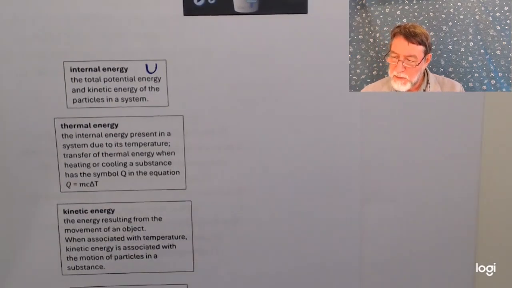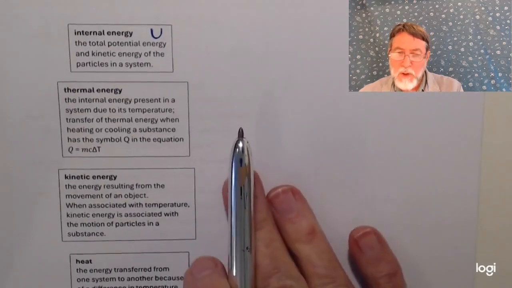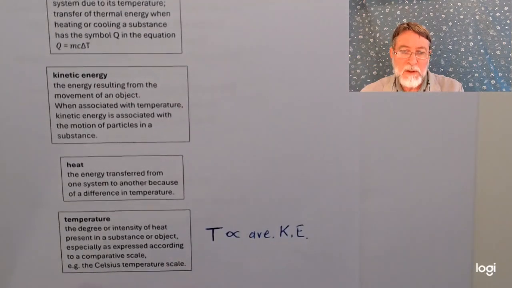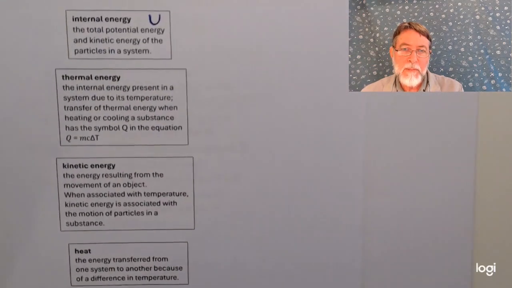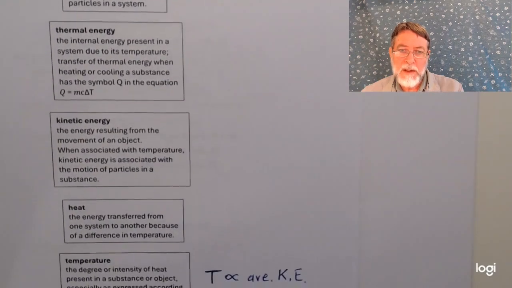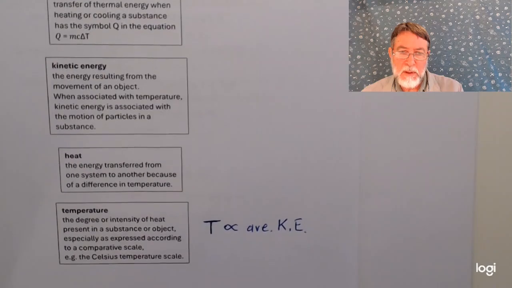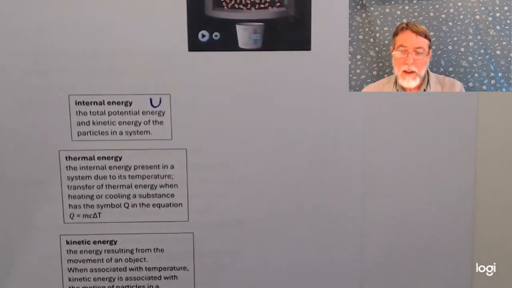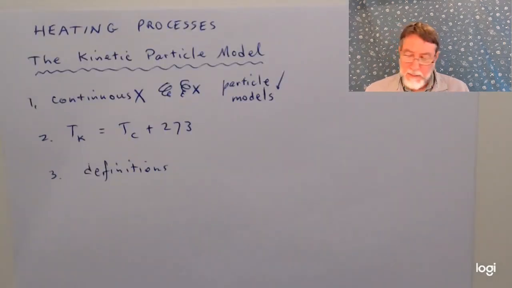So there are 5 definitions. You need to be familiar with them. If your teacher likes you learning definitions, then learn them, but definitely be able to recognize them, say in a multi-choice question, and say which one's which. So there are our definitions that we've done.